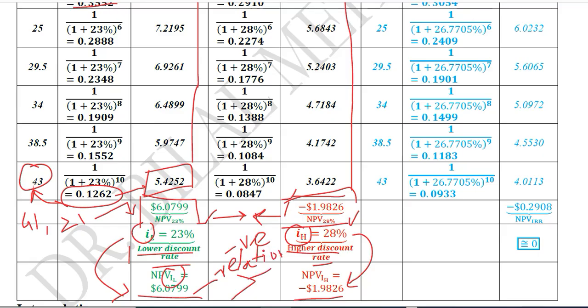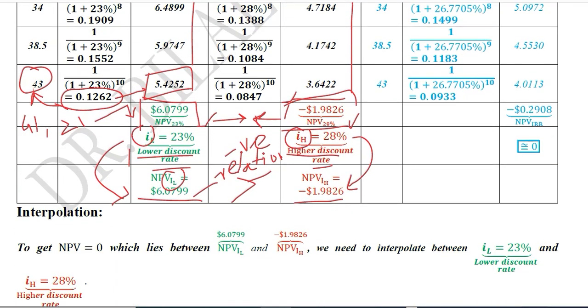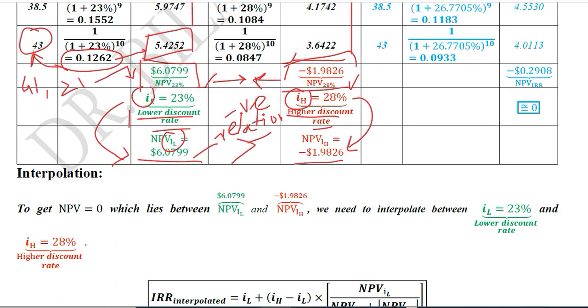So we name them as they should be. Now there is a formula that we have. We will come to these blue columns later on. What we can do is get the NPV equal to 0, which is the main purpose of getting to IRR, and definitely it should be between the positive and the negative NPVs that we have highlighted, and accordingly there was a lower discount rate and a higher discount rate that we can use to interpolate.